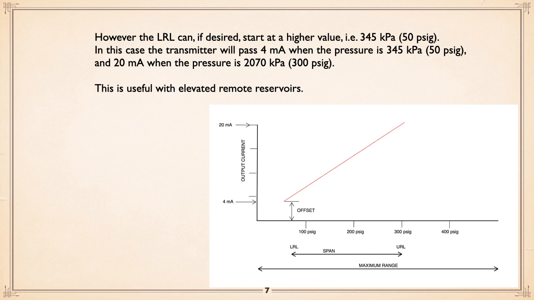So you can see we've raised that up. So at 50 psi, we're at 4 milliamp, the bottom end of the red line, and at 300 psi, we're at the top. So our span has changed from 50 to 300, but the maximum range of the instrument was still 0 to 500, okay?